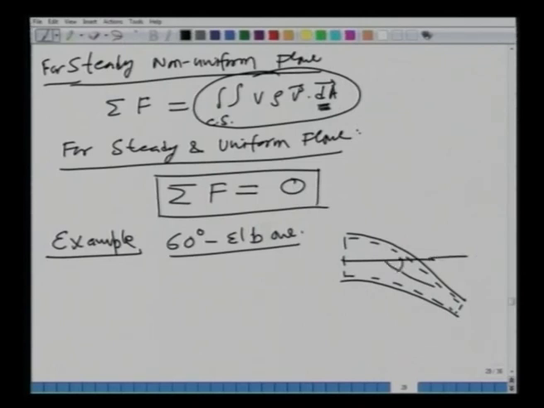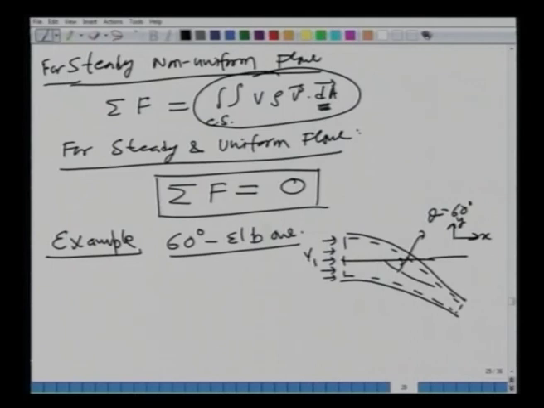This is a 60-degree elbow, which means this angle theta is 60 degrees. This is your x direction, this is your y direction. The velocity of flow, or the direction, is in this horizontal direction.